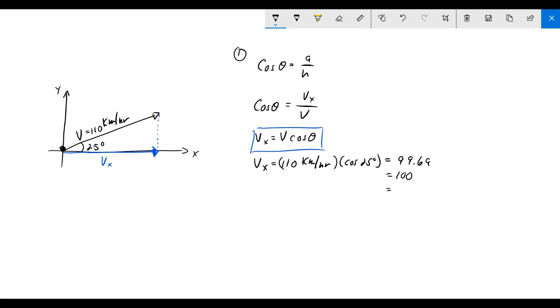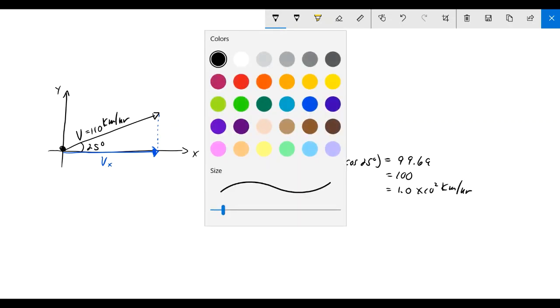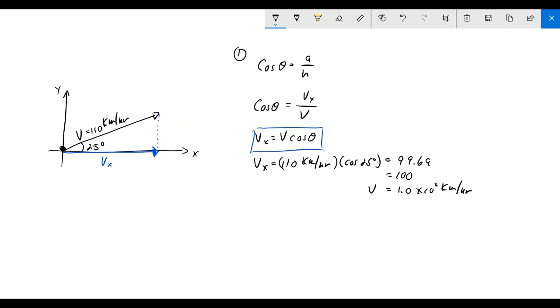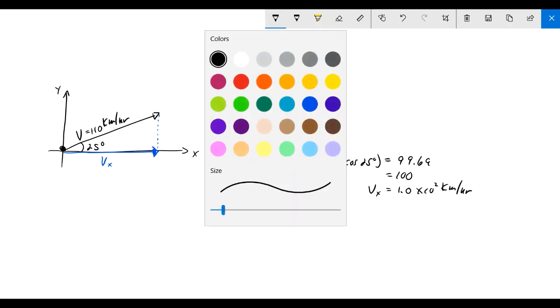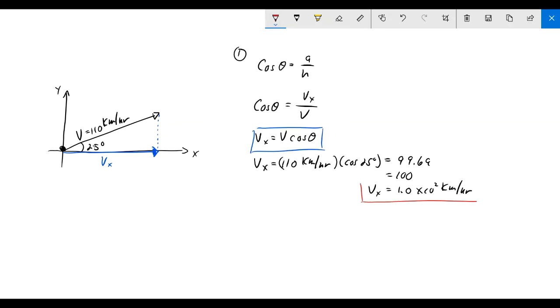So the best way of writing this one is 1.0 times 10 to the 2 kilometers per hour. I'll write Vx for the final answer here. So this truck or car would need to travel 100 kilometers per hour to stay directly underneath this plane. It's about 62 miles per hour.